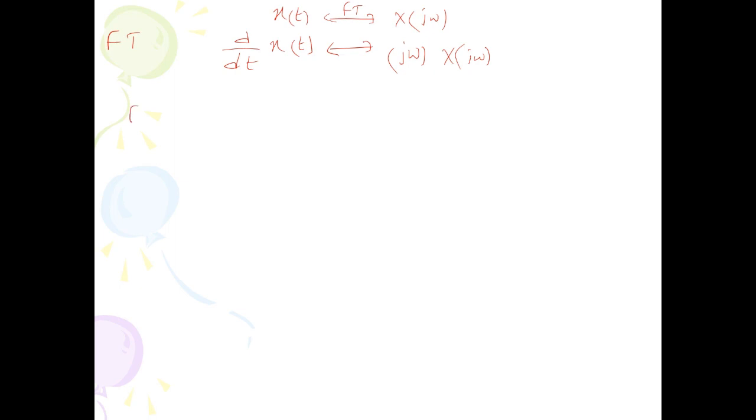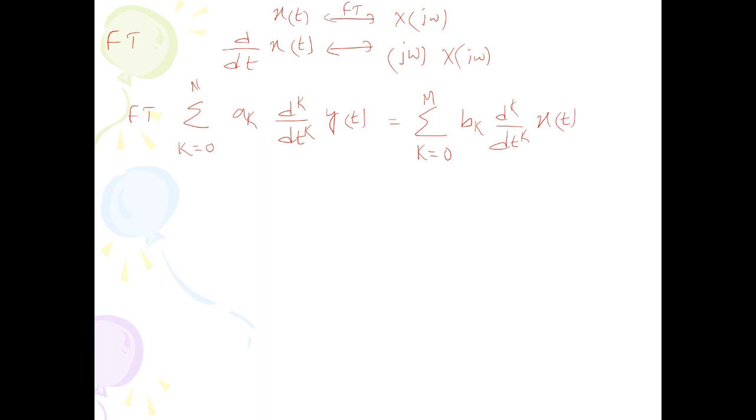Apply Fourier transform on both sides. Fourier transform of summation a_k d power k by dt power k of y of t is equal to summation k is equal to 0 to M b_k d power k by dt power k of x of t.